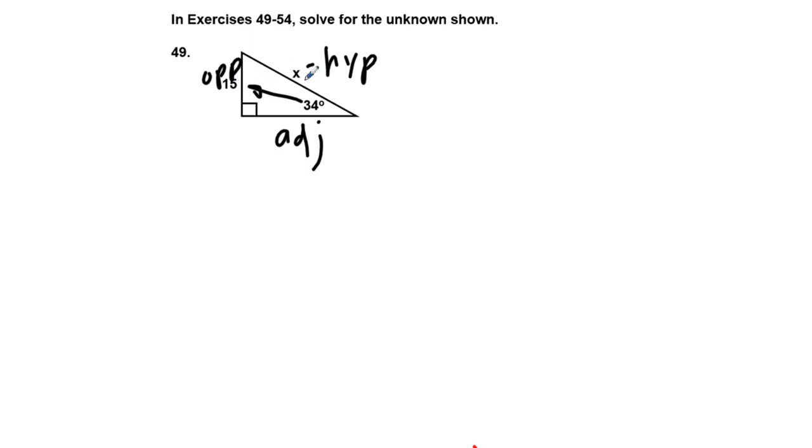So the ratio involving opposite and hypotenuse is sine. In this case, sine of 34 degrees is going to be equal to our opposite, which is 15, over hypotenuse, which is x. And then to solve for x, we can cross multiply.